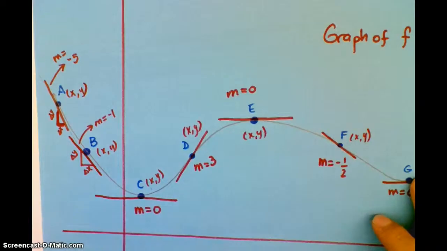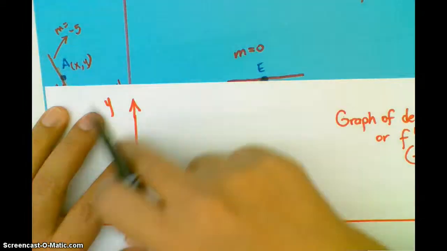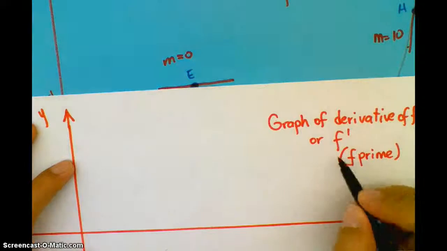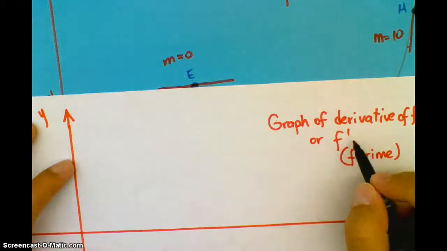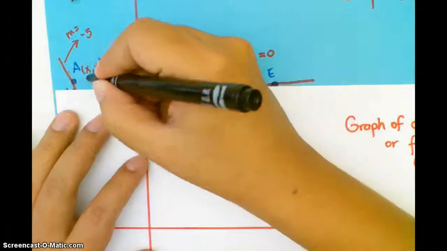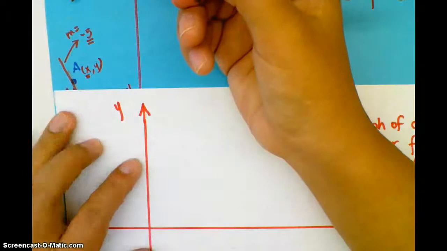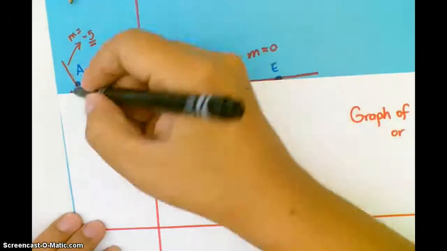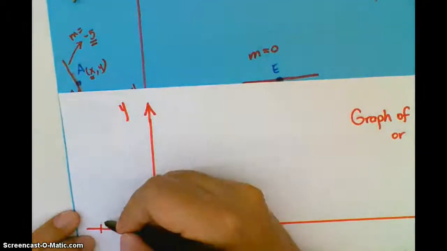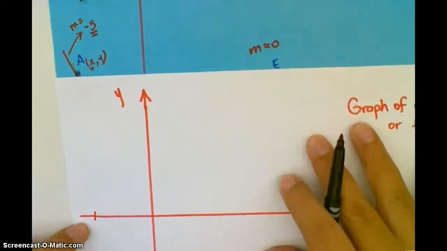Okay, let me pause for a minute. I have a coordinate plane with x and y axes, and I'm going to graph the derivative of f, or better known as f prime, as a function. For this x value that A has, the derivative is -5. I don't know where A is, but I'm just going to say that this is the x coordinate of A. I know that the derivative is -5, so I'm going to place that point there.